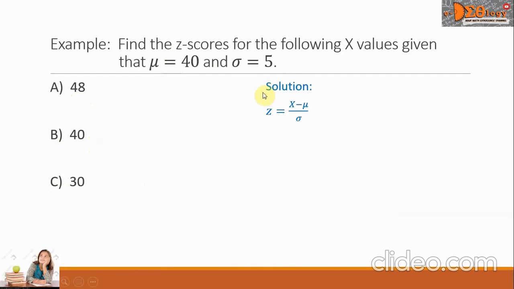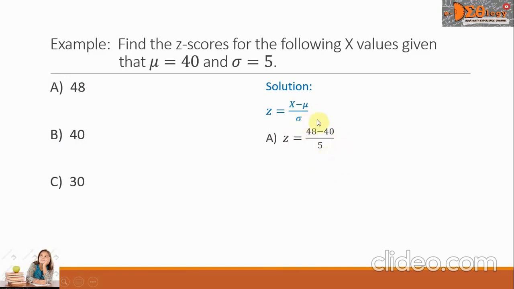Let us now write the formula of the z, that is capital X minus mu over sigma. Let's begin with problem A. X equals 48. So we have z equals 48 minus the mu 40 over the sigma 5.